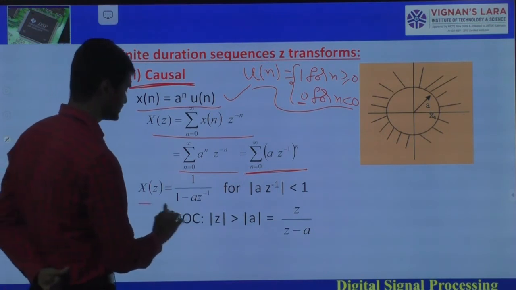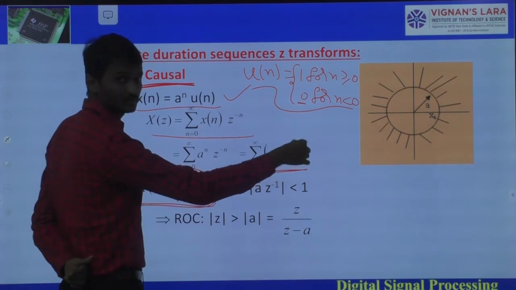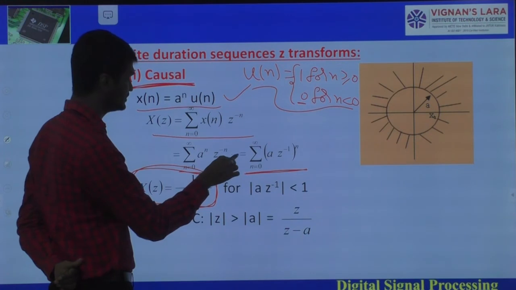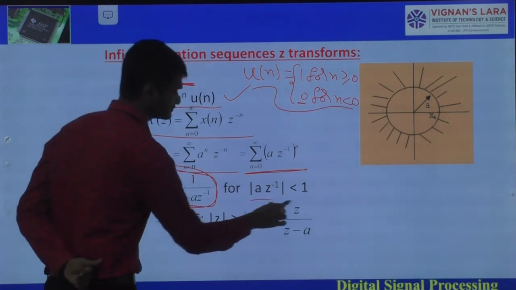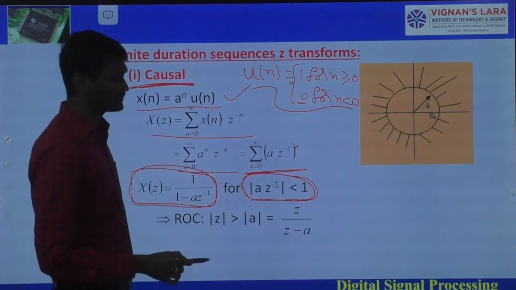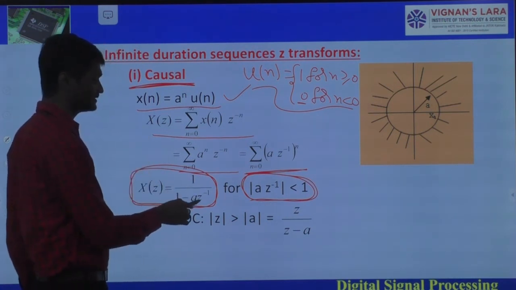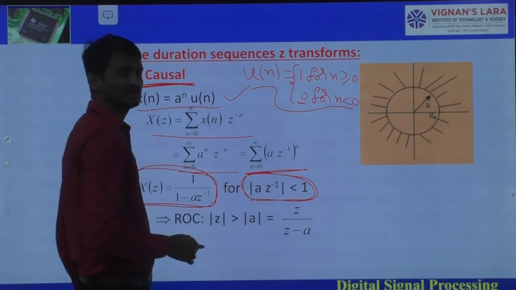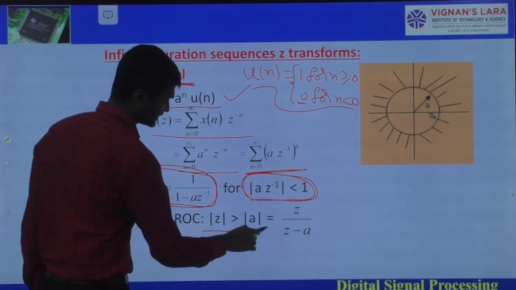Now, the Z transform for this one: because it is in the form 1 plus a plus a square and so on to infinity, it is a GP. That GP sum is 1 by 1 minus a, provided a into z power minus 1 is less than 1, then only it will be applicable. So 1 by 1 minus a z inverse. For the magnitude of a z inverse less than 1, the ROC is mod z greater than a.